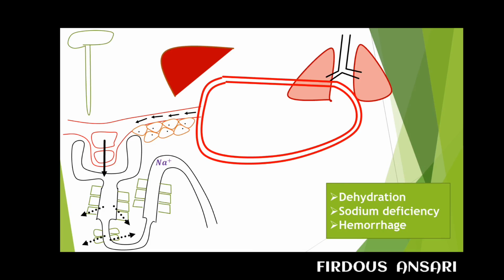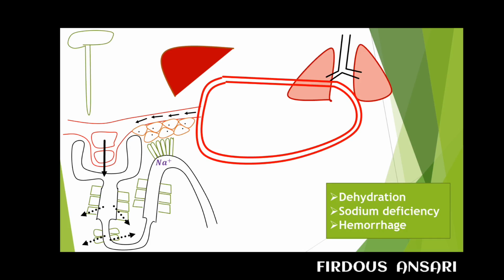Upon that, when pressure is also less, the fluid will move through the proximal convoluted tubule, loop of Henle and distal convoluted tubule very slowly, thereby giving sodium more time to get reabsorbed. So in a nutshell, under these circumstances, less than 10% of sodium will approach the distal convoluted tubule. When this happens, the amount of sodium will be very much less. So what will happen? There are specialized cells present on the distal convoluted tubule, and the name of these cells is the macula densa.